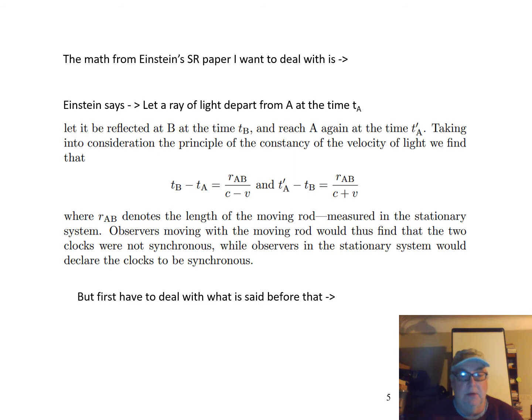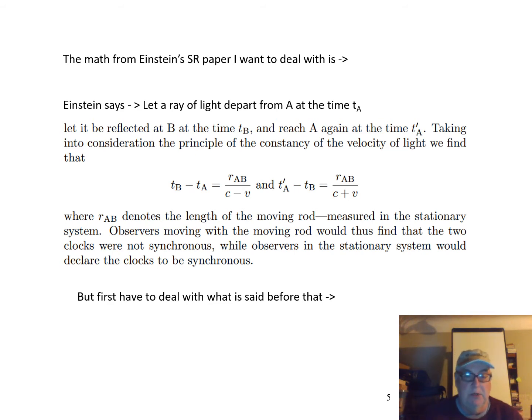The maths that I want to deal with from Einstein's paper is highlighted here, and you've got the equations t subscript b minus t subscript a equals r subscript ab divided by c minus v, and an associated equation.